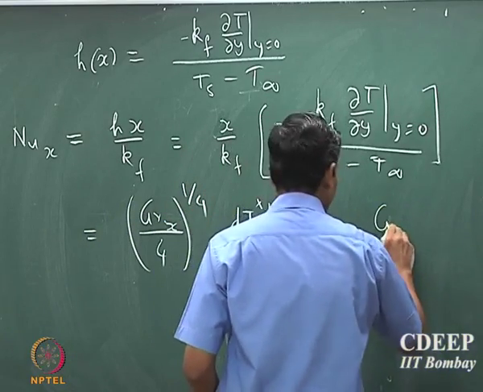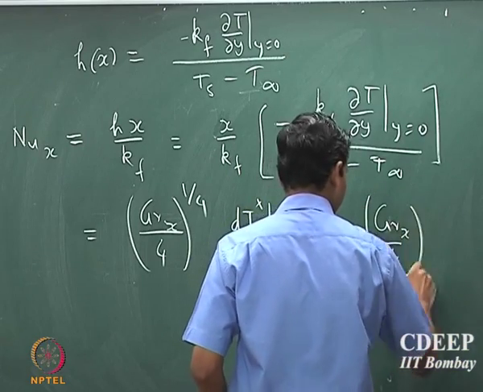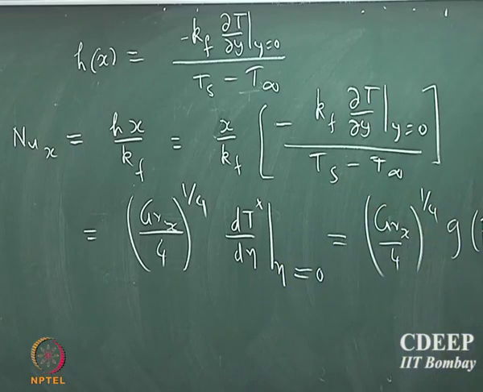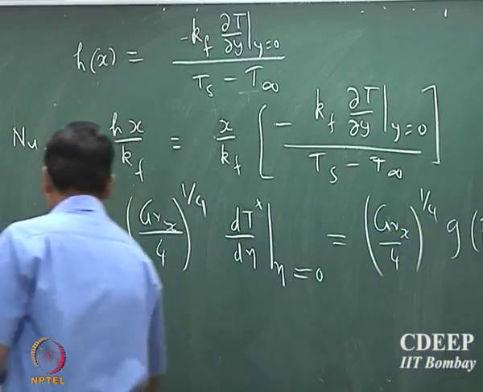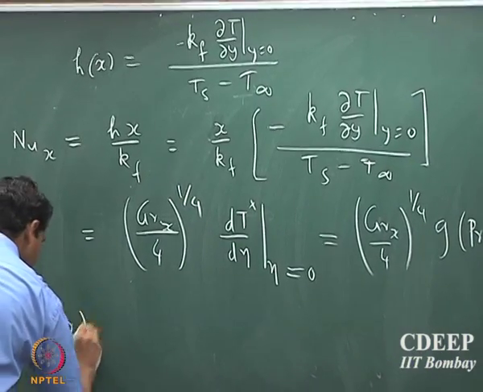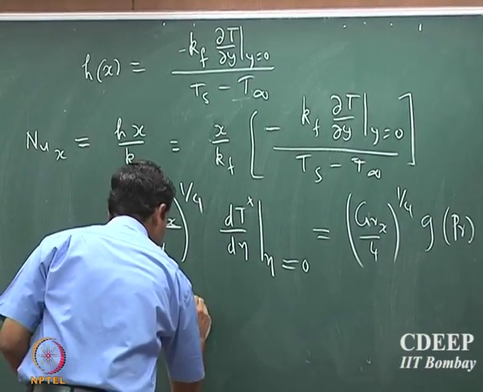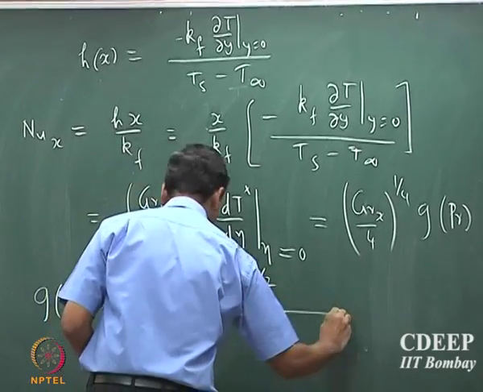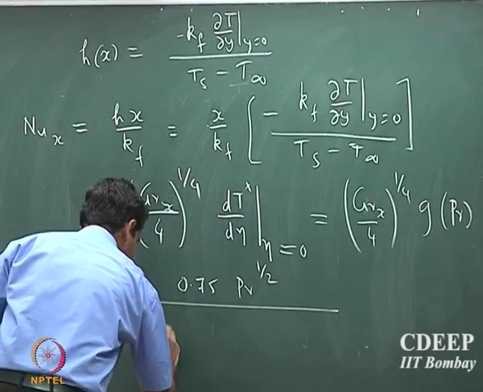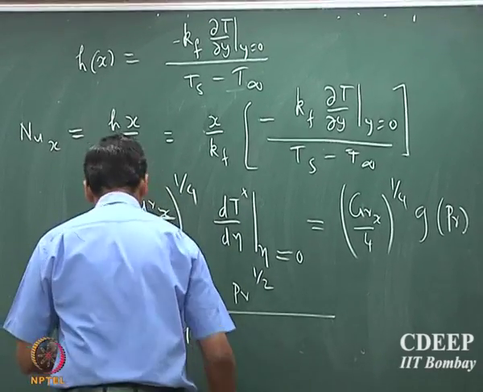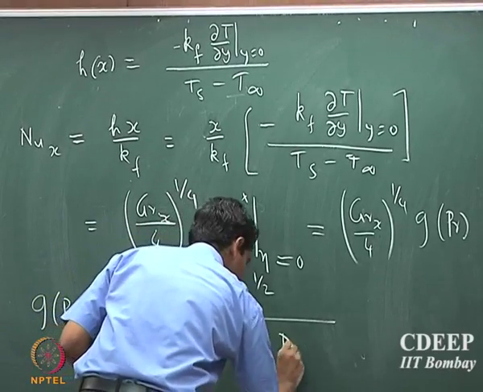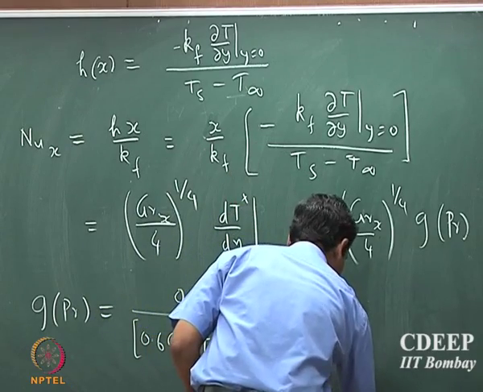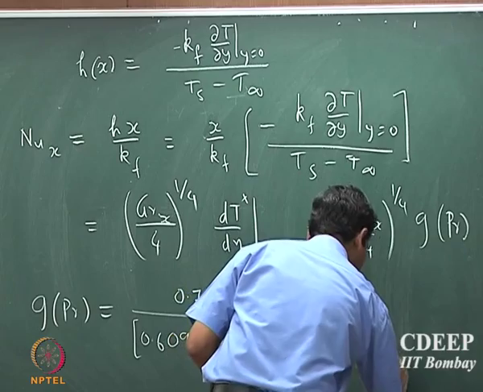And that turns out to be a function of Prandtl number, which will be 0.75 into Prandtl to the power of half divided by 0.609 plus 1.221 Prandtl number to the power of half plus 1.238 Prandtl number.